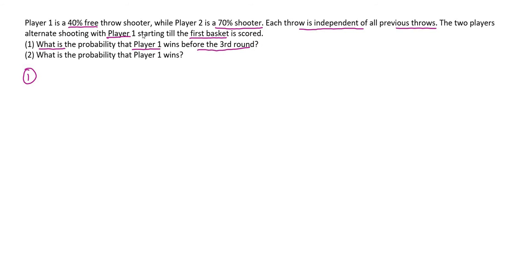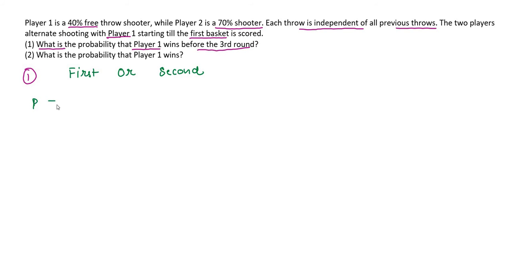Let's look at the first part. For player 1 to win before the third round, player 1 wins in the first round, or player 1 wins in the second round.